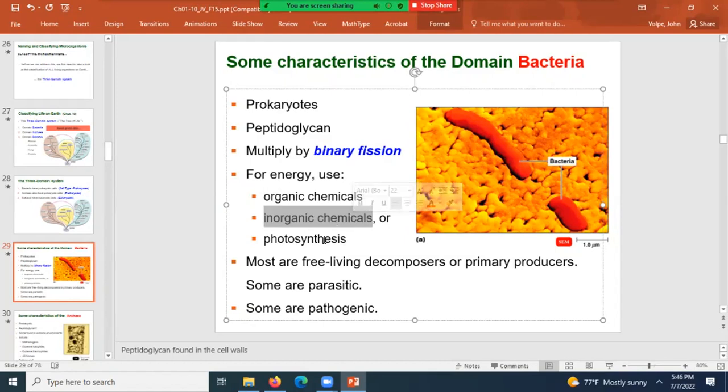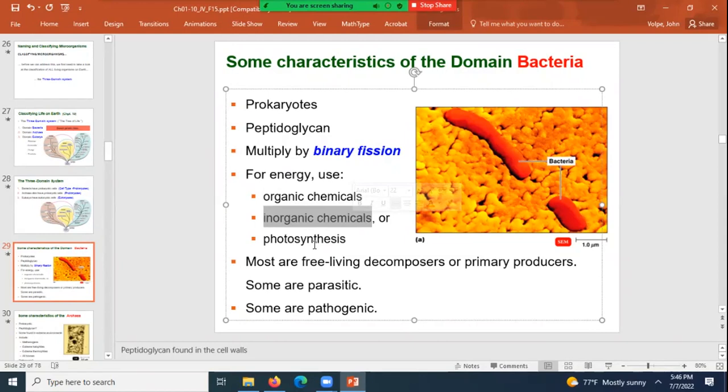And then the third way you can get energy is from light, and the photosynthetic organisms get their energy needs from light. Most of the members of domain bacteria are either free-living decomposers or primary producers. So most of the members of the domain bacteria are decomposers, meaning free-living.